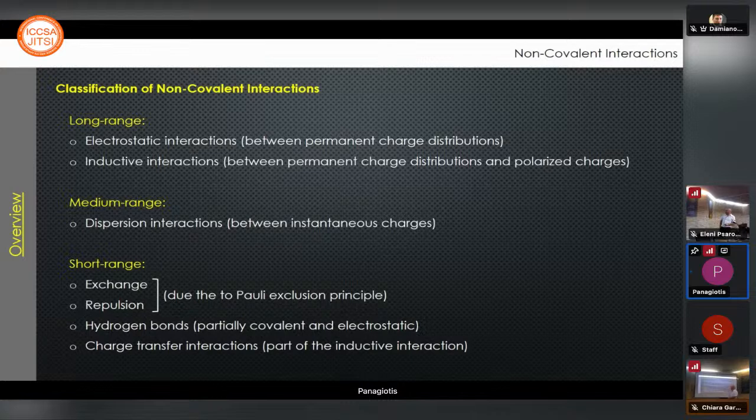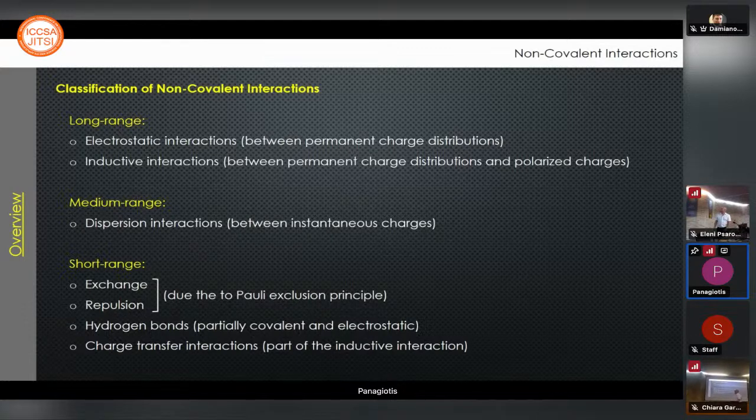And we have also in short range other interactions that have an ambiguous definition, like for example, hydrogen bonds or charge transfer interactions. They are very important, but hydrogen bonds can be considered a combination of partially electrostatic and partially covalent interactions. And charge transfer interactions are already included within the inductive interactions, but for nearby atoms. So they are not really new.